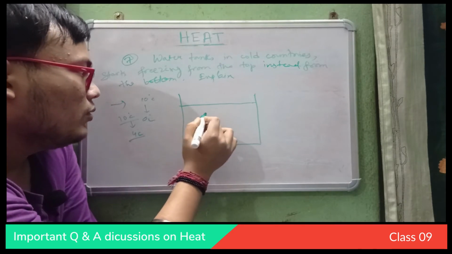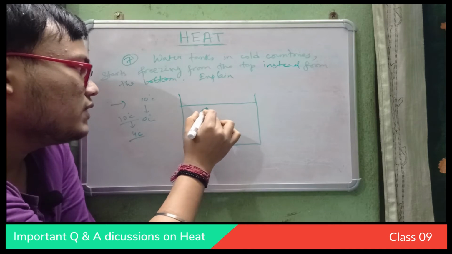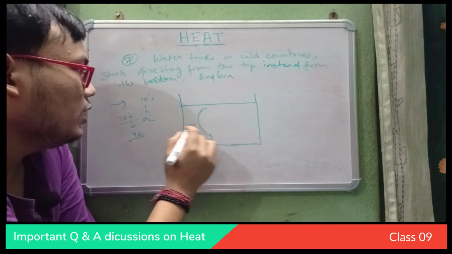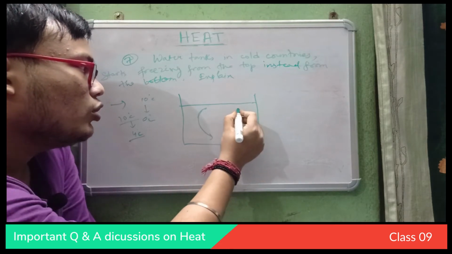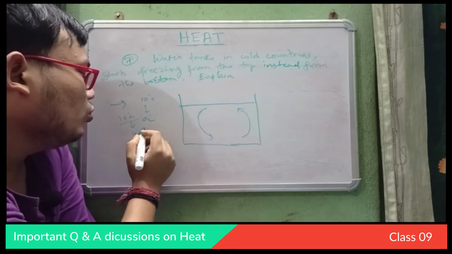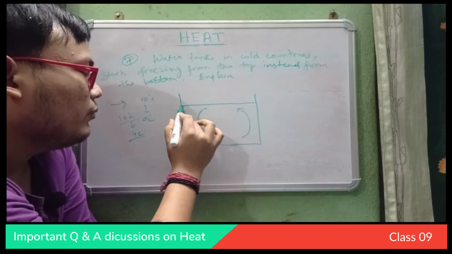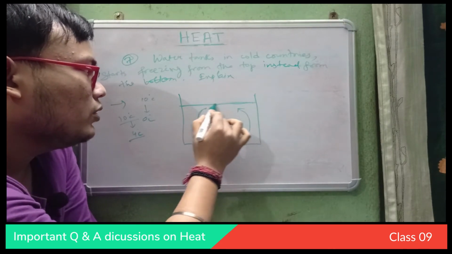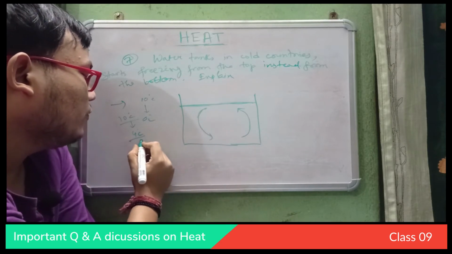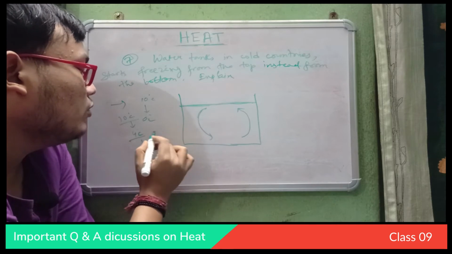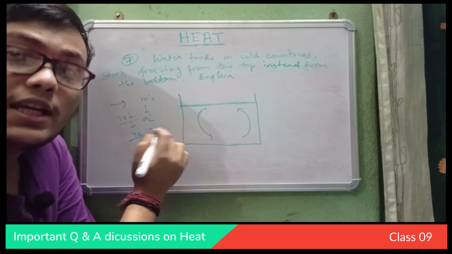There will be a circulation: water at the top will go down to the bottom, and water from the bottom layers will go to the top, cool down, and again circulate. But when the water cools even further, from 4 to 0 degrees Celsius, due to anomalous expansion it will expand instead of contract.